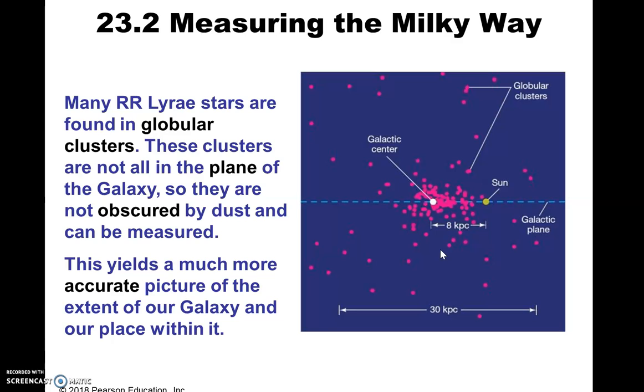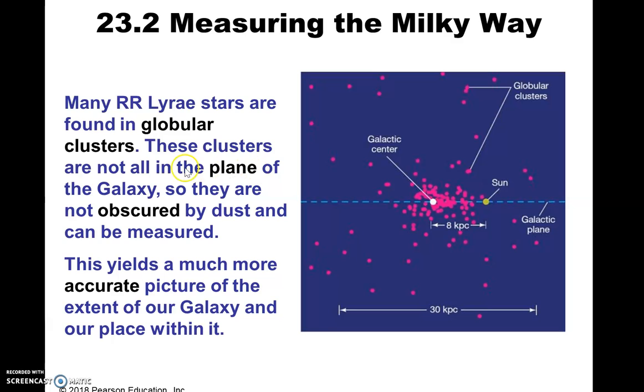Now what we're talking about is how Harlow Shapley discovered that, and indeed discovered our place in the galaxy, that we're nowhere near the center of the galaxy. Okay, so what he did is using these RR Lyras. Remember, a lot of them you can see outside the plane of the galaxy, right? So you can look in directions not along the disk of the galaxy, and you can see these globular clusters.